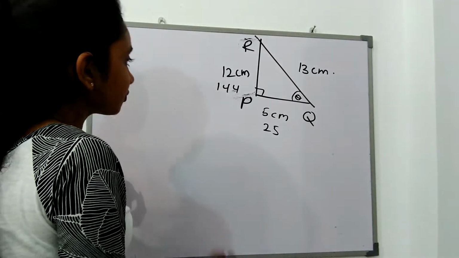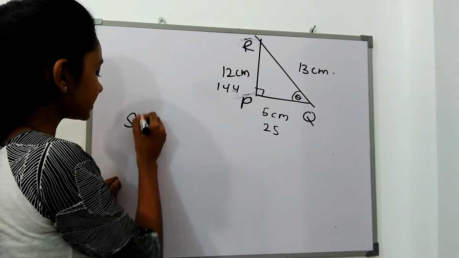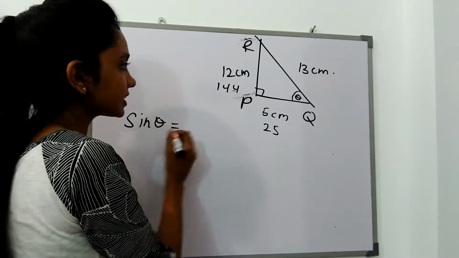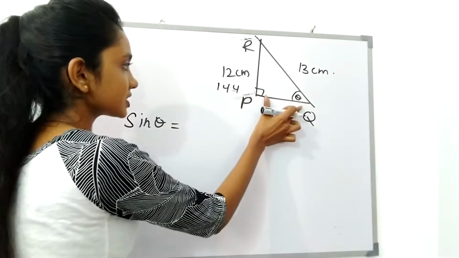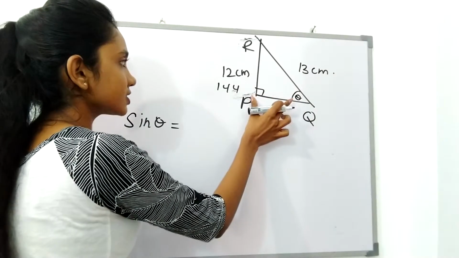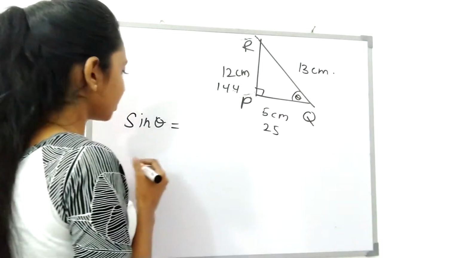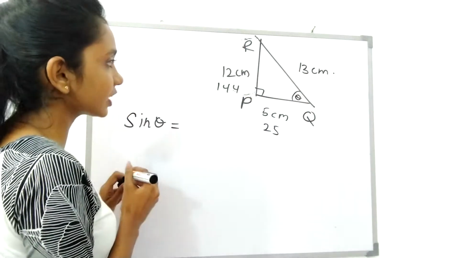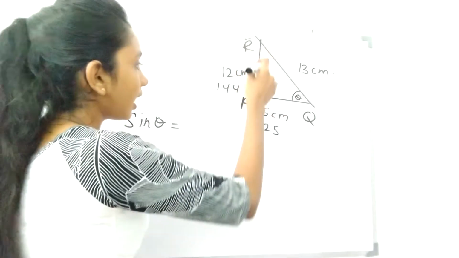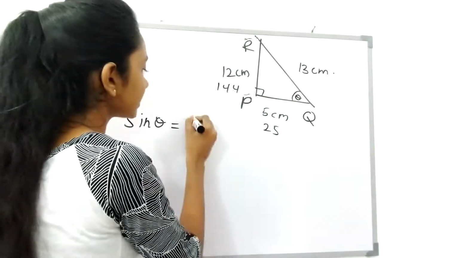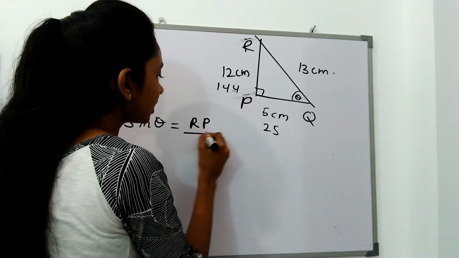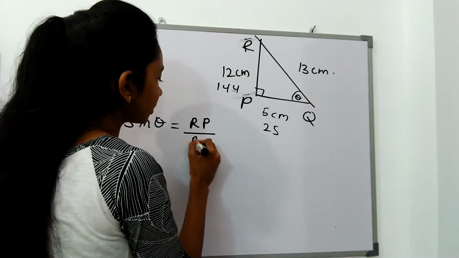So if we are applying sine theta, we are considering this side. So this is the adjacent side, PR is the opposite side, RQ is the hypotenuse. So sine theta is equal to RP over hypotenuse, hypotenuse means RQ.